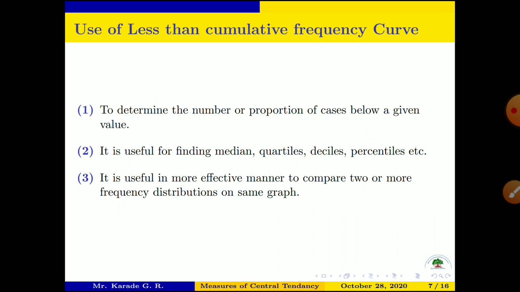Third is important. It is useful in a more effective manner to compare two or more frequency distributions on the same graph.